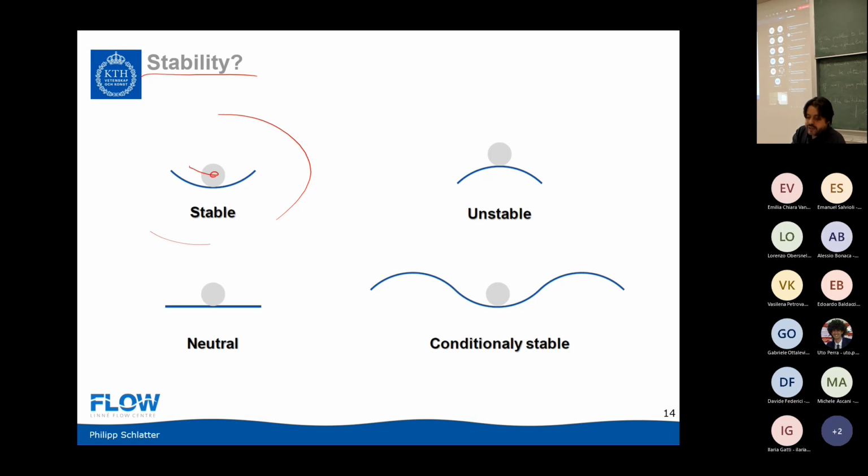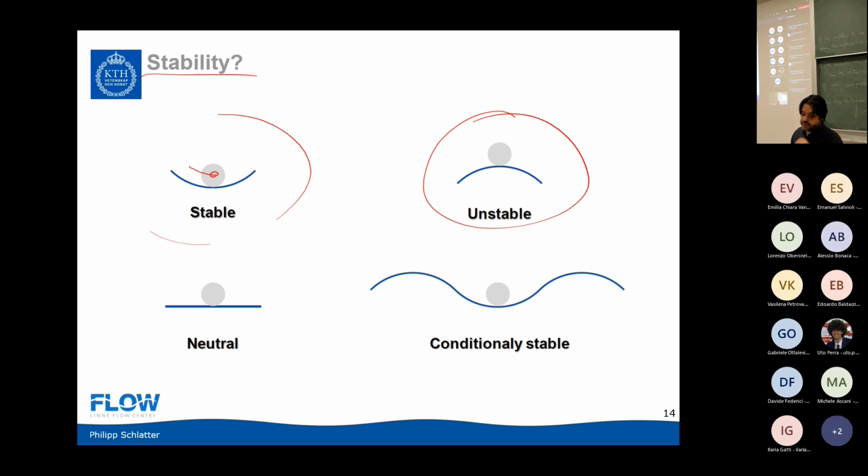If I kick this ball a little bit, it would go back and forth, but after a while it would end up in the same position. So that is a stable situation. If I apply a small perturbation, it will go back to its original state. That's what we would call stability.